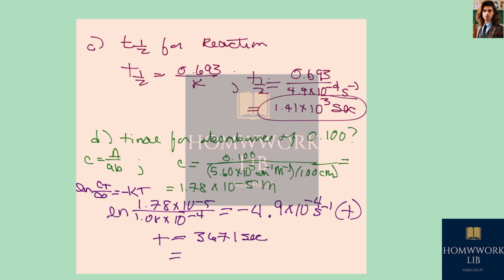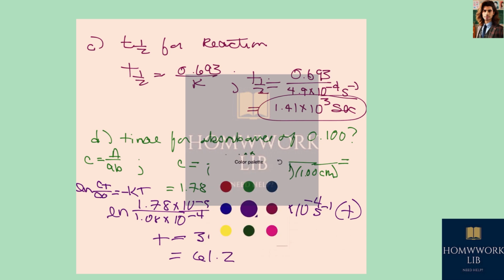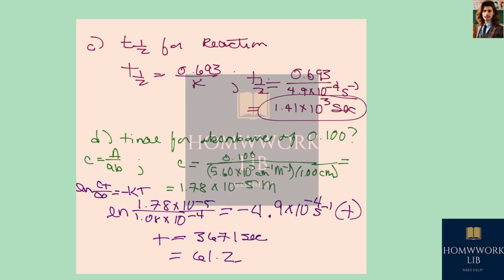And that will equal, if I divide that by 60, 61.2 minutes. Or 61 minutes if you want to go to fewer sig figs. Okay. That's it.